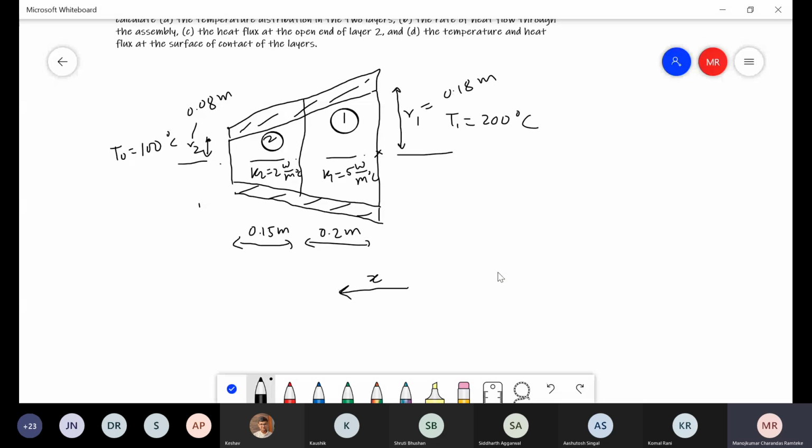So you can select a shell at any distance x from the right hand side. Consider the radius at that location being r. So the area is going to be pi r square, isn't it? And the corresponding flux is going to be Qx, because the heat transfer direction is in the x direction.